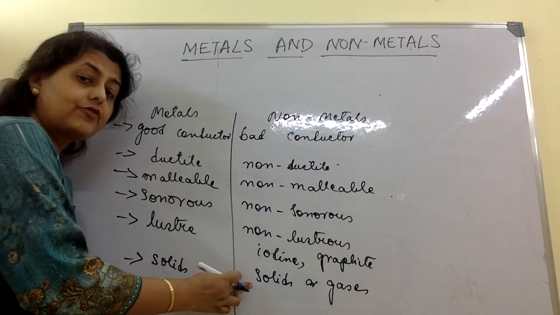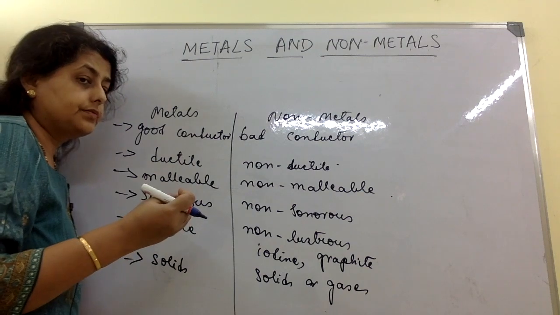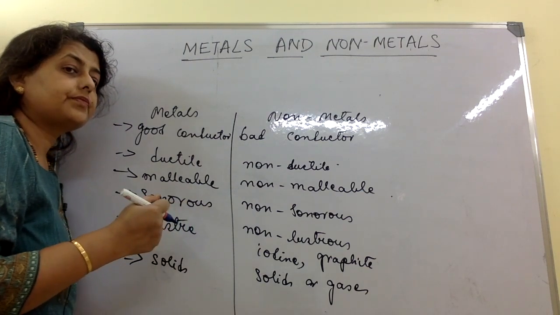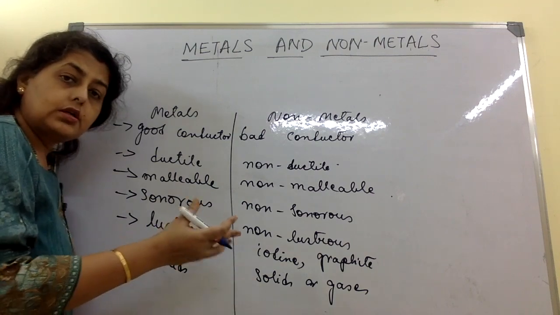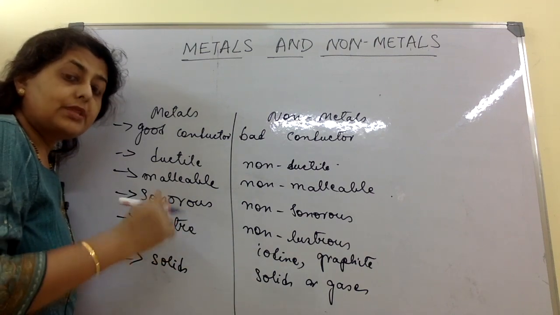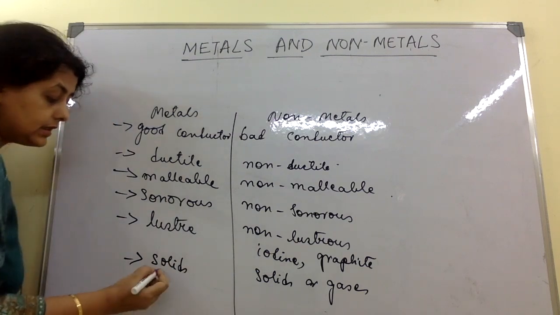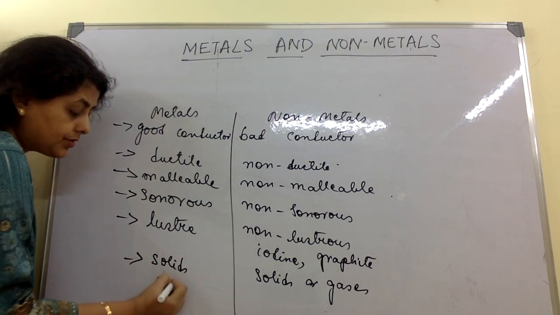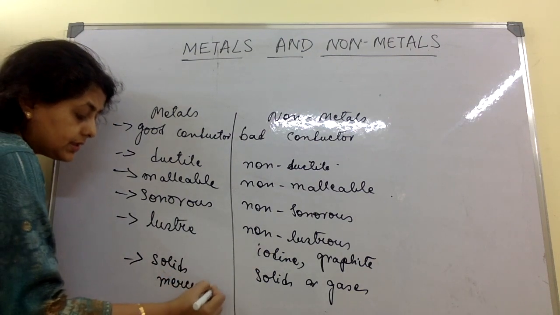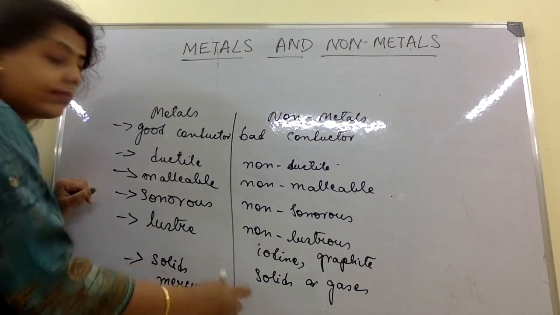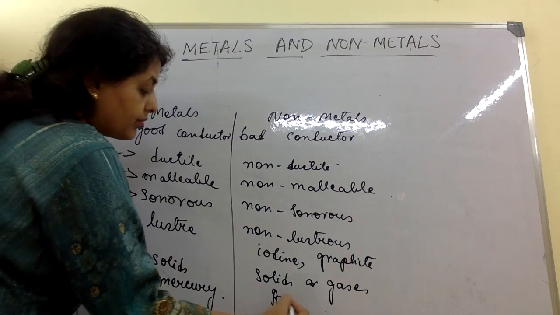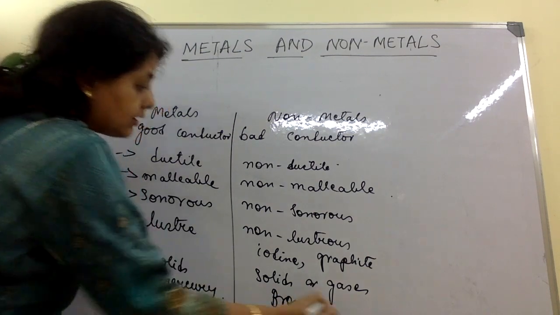In solids we have phosphorus, carbon, sulfur, a whole lot of solid non-metals. But the only exception here is the liquid one, which is mercury. Mercury is a metal, but still it is liquid. Among non-metals we also have a liquid one, which is bromine. So that is the only liquid non-metal.